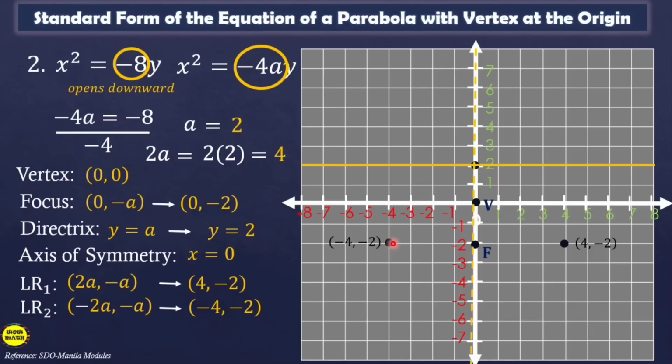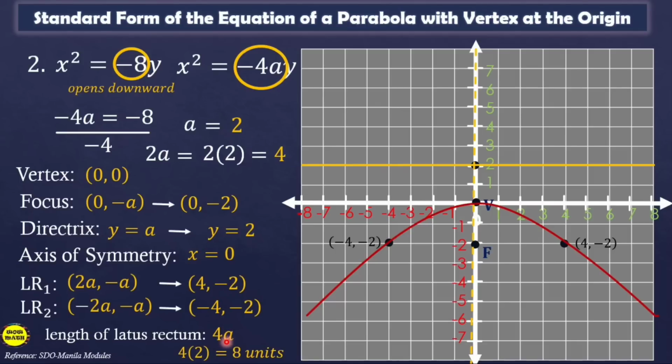So, after we get the endpoints of our latus rectum, the two endpoints, we can now plot our parabola. Okay, so that's the parabola. Remember that our vertex is at the origin and it must pass through the two endpoints of our latus rectum. Then, let's get the length of our latus rectum. The formula is 4a. Our a is equal to 2, so 4 times 2, the answer is 8 units.